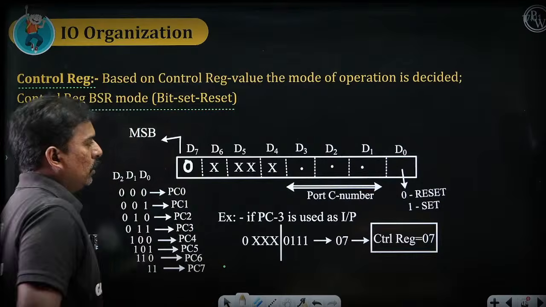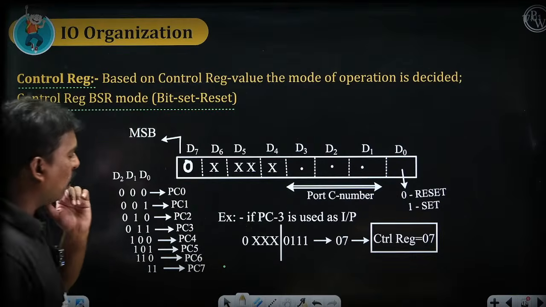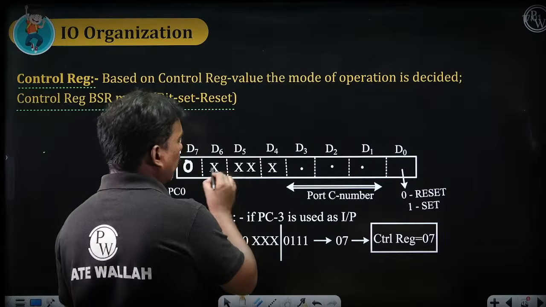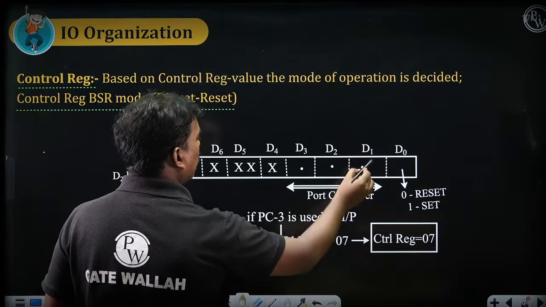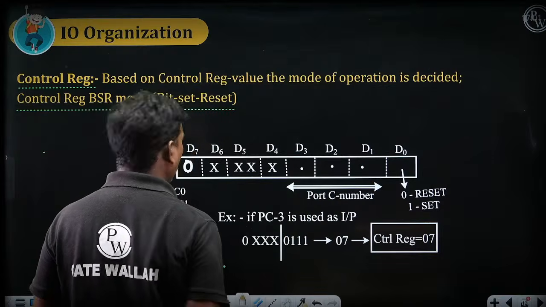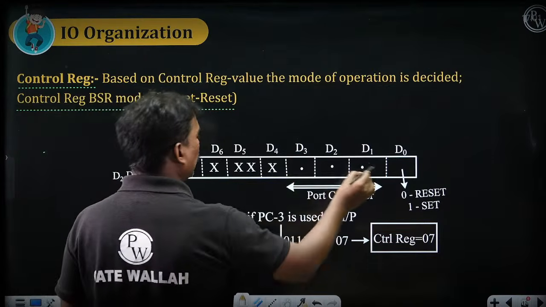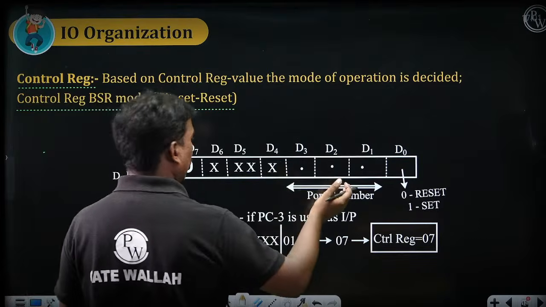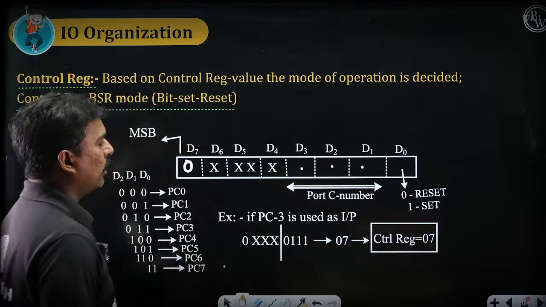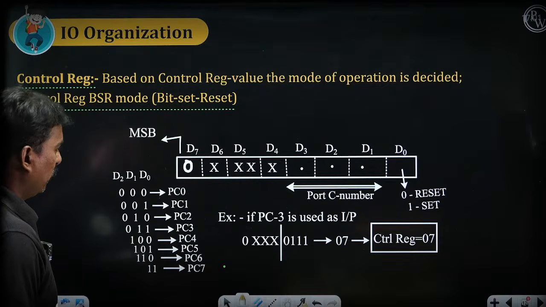Next, if port C3 is used, D1, D2, D3 are the port C number. Port C0 is 0, 0, 0. Port C1 is 0, 0, 1. Like this.